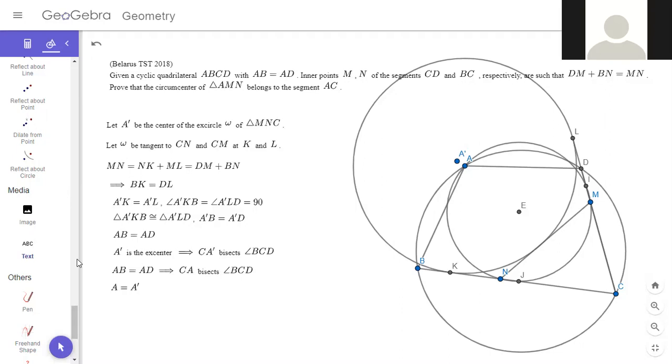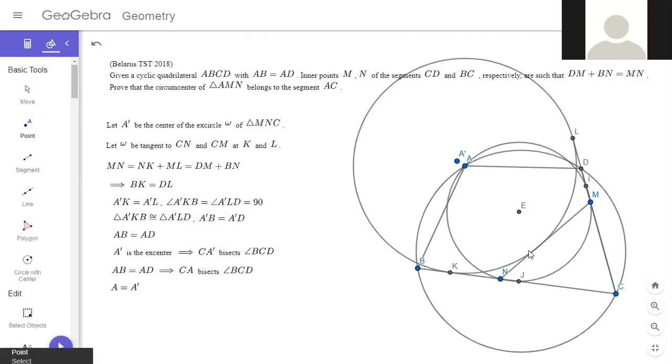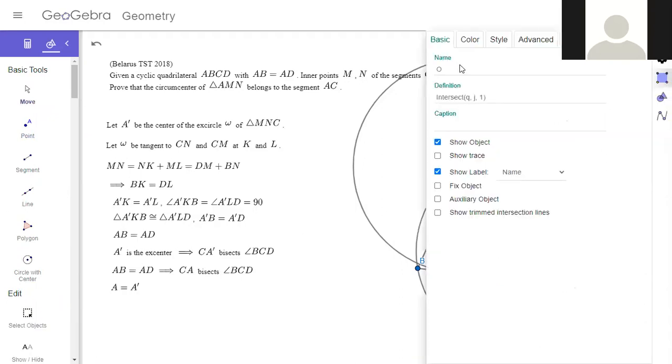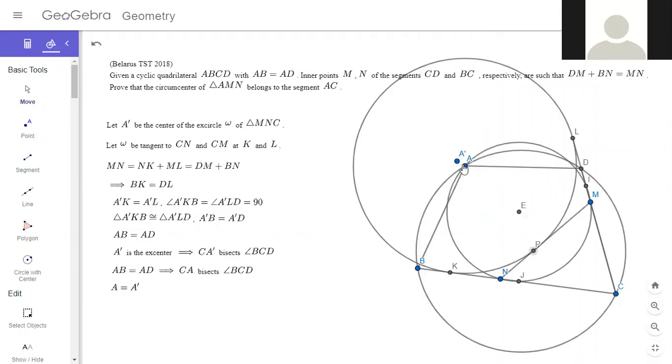Okay, I think it's because I made this other point. So if we call this point P right here, the other point of tangency of the F circle, now we know that A, K, and P is a kite, right?